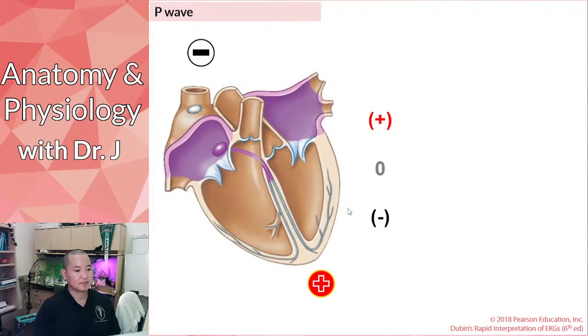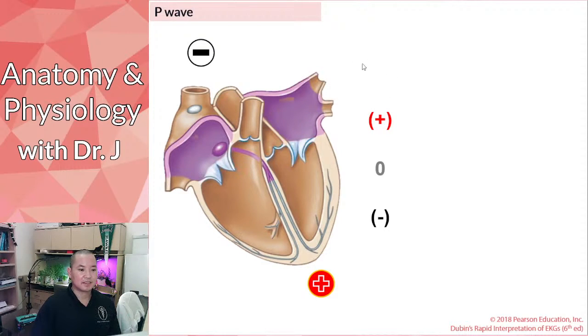Now, with the P wave, in this diagram the purple represents depolarization. In the previous slide we saw depolarization, and with our action potential talks, remember that depolarization means the cells are undoing their negative membrane potential. Why? Because all that calcium and sodium is rushing into them.